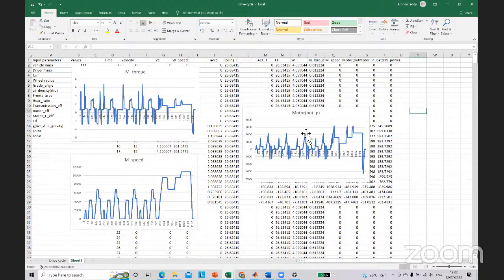The trend of the motor output power and the motor input power will remain the same, the trend of the graph. Only the efficiency has been included here.